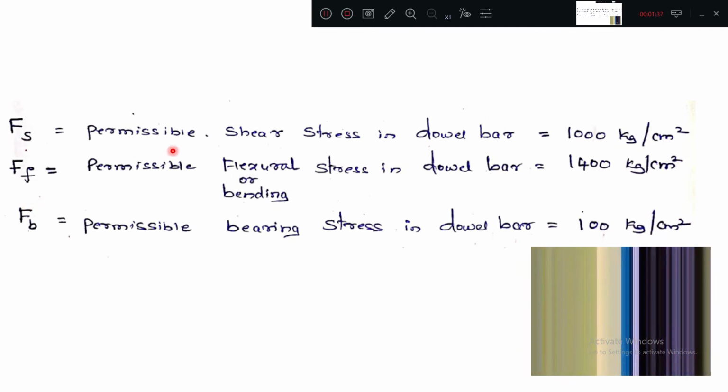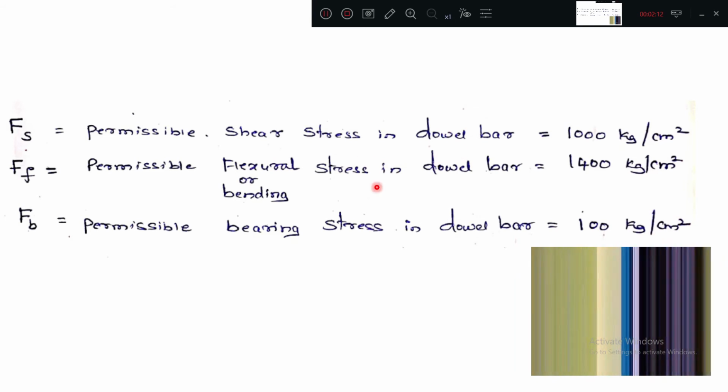Apart from this, these three other data they should give, otherwise you should remember them. Fs, the permissible shear stress in a dowel bar. The allowable shear stress is 1000 kg per centimeter square. S stands for shear, F stands for stress. Similarly Ff, the permissible flexural or bending stress; flexure or bending, both are the same thing. The permissible flexural stress in the dowel bar is 1400 kg per centimeter square.